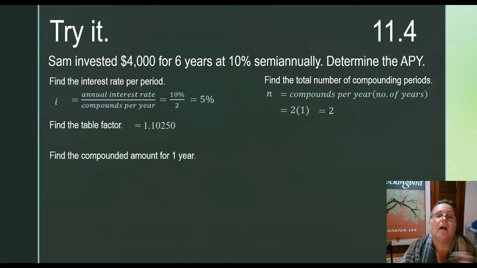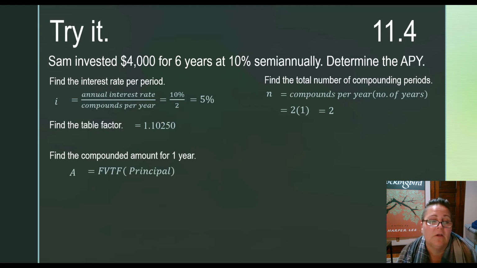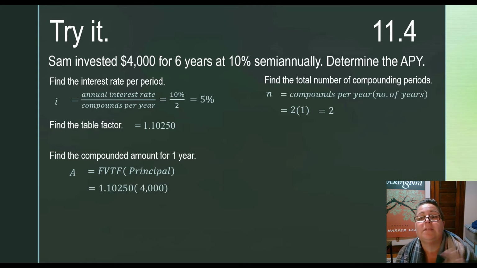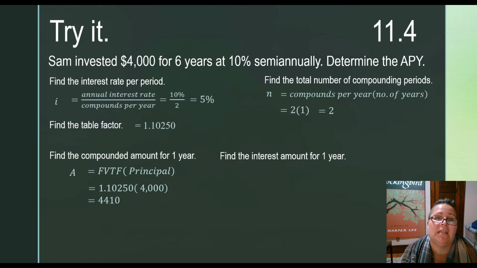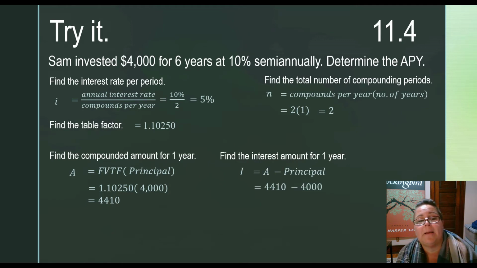Our compounded amount for that single year would then be the 1.10250 times the $4,000 in principal, or $4,410. Our interest then for that year would be the $4,410 minus $4,000 in principal, or $410.